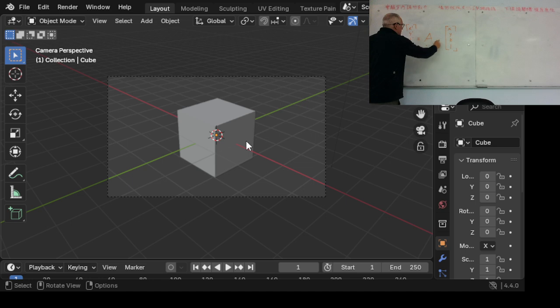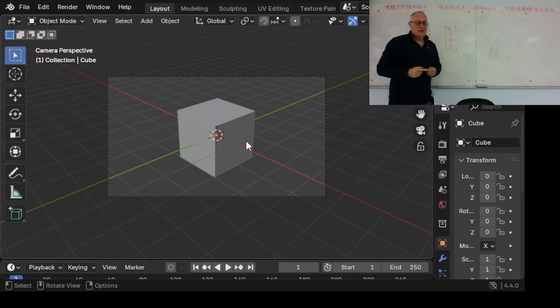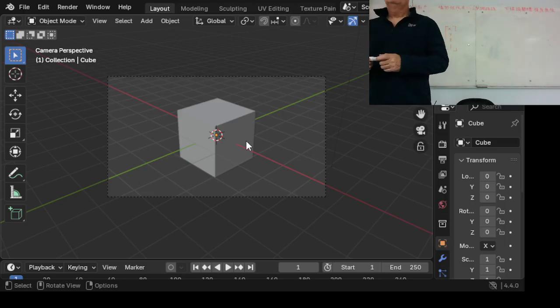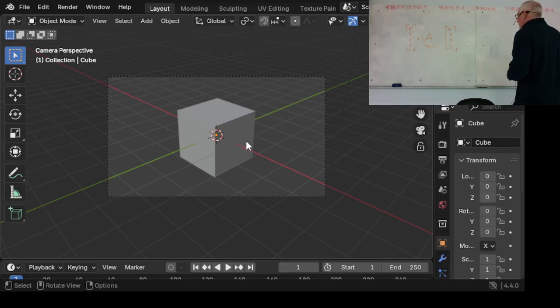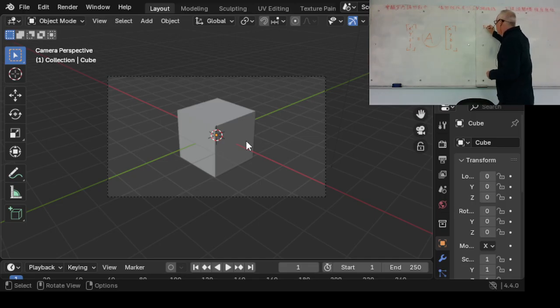Then what can I do with this matrix A? What can I model? Right. What kind of transformation? What transformation do we talk about? Rotation, right? Translation, yeah. Anything else? Scaling, yes. And skewing, correct.